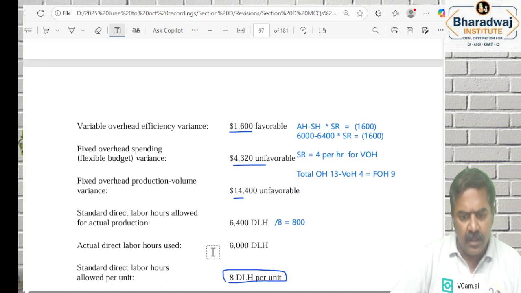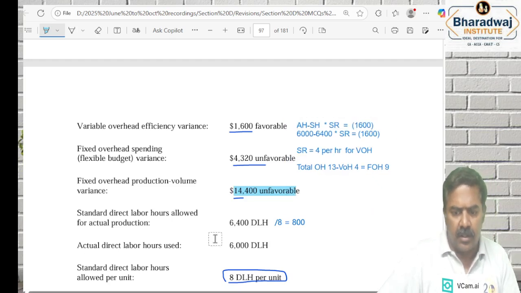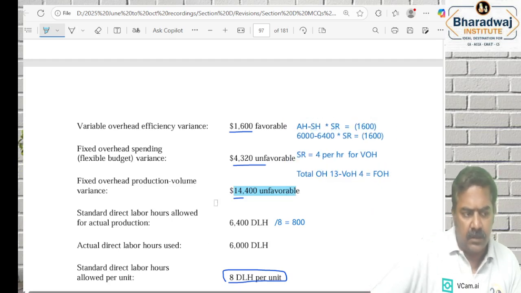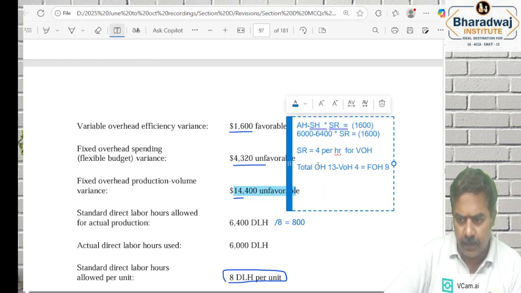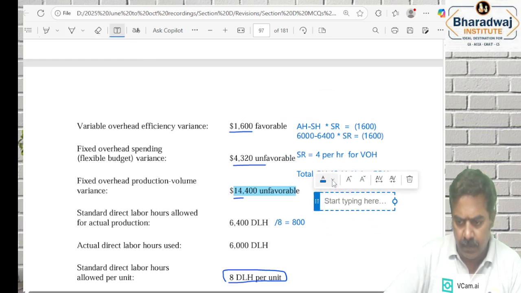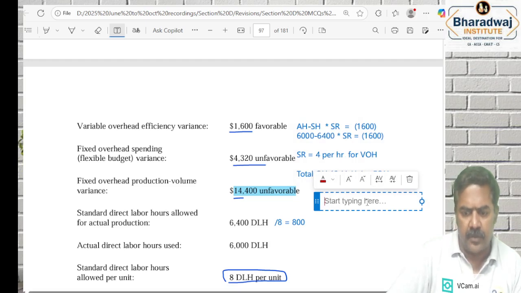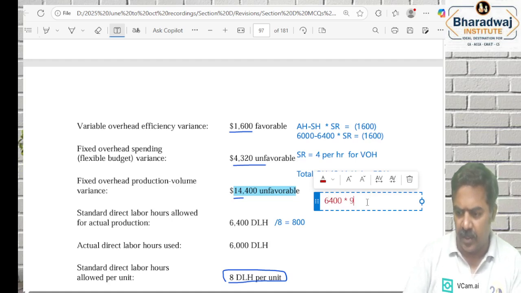It is given fixed overheads production volume variance. Volume variance is because of the quantity. What would have been the standard fixed overheads? Standard fixed overheads would have been, like we worked for 6,400 hours into 9.